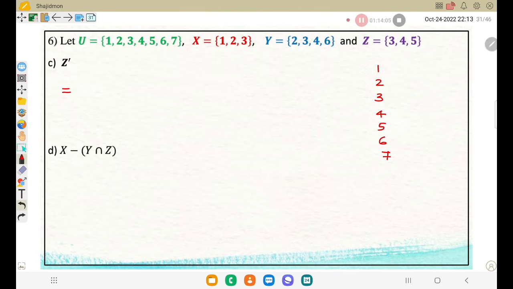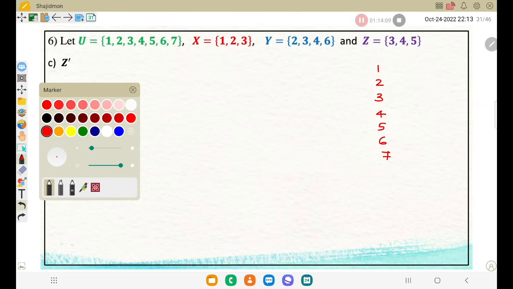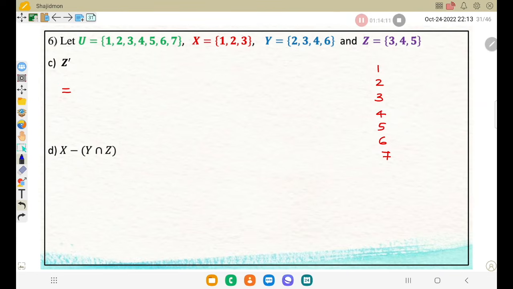Now Z complement means delete the Z numbers from here. What are the Z numbers? You can see Z numbers are 3, 4 and 5. So these three numbers, delete. Those numbers coming in Z, delete. So what are the remaining? You can write: 1, 2, 6 and 7. I hope you understood.